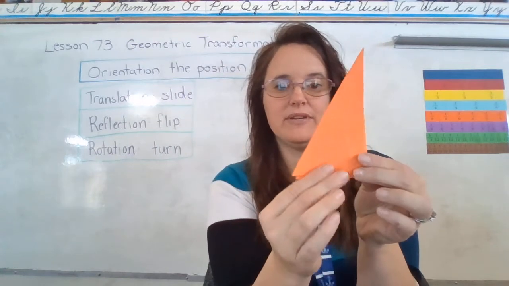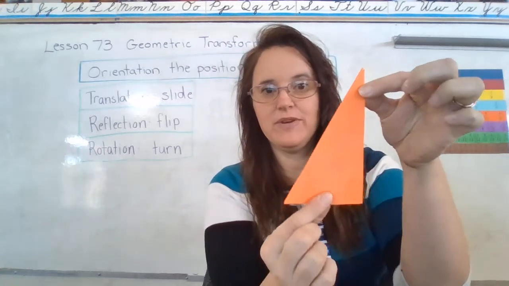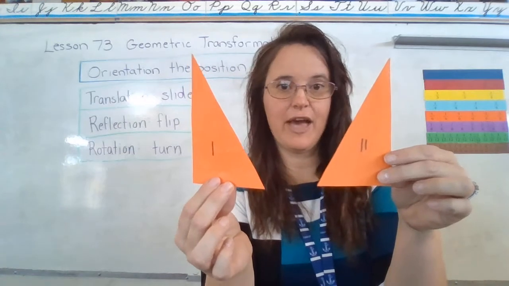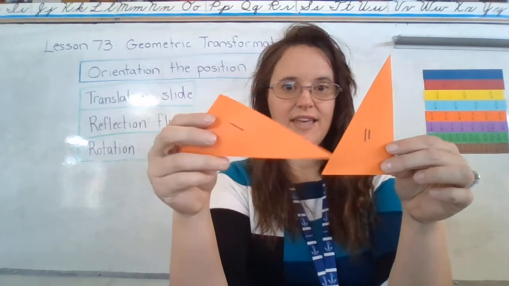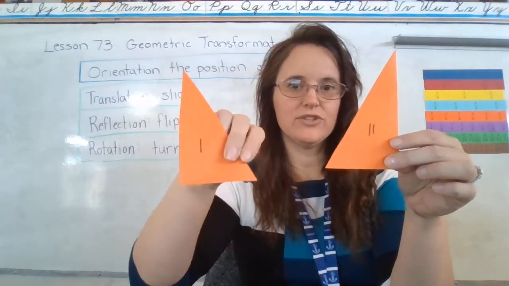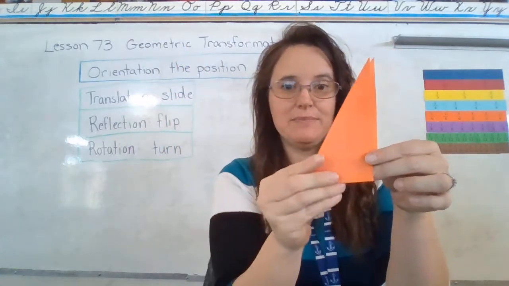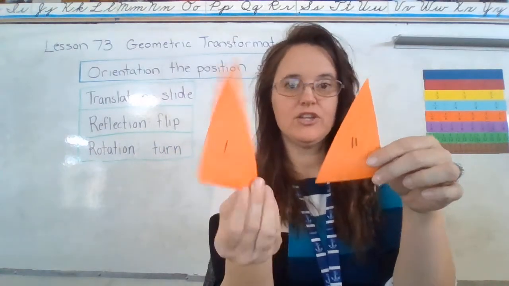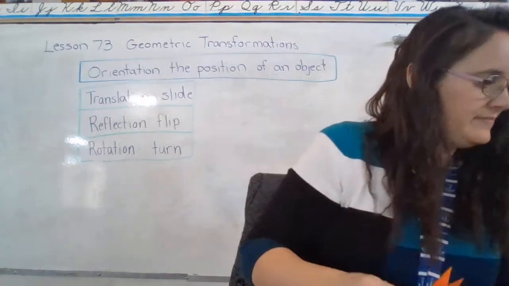If I flip triangle 1, notice how it lines up perfectly with triangle 2. So a reflection could have happened. Did I rotate it? Is there any way I can rotate this to turn it into triangle 2? Nope. So in this case, reflection must be what happened to go from position 1 to position 2.